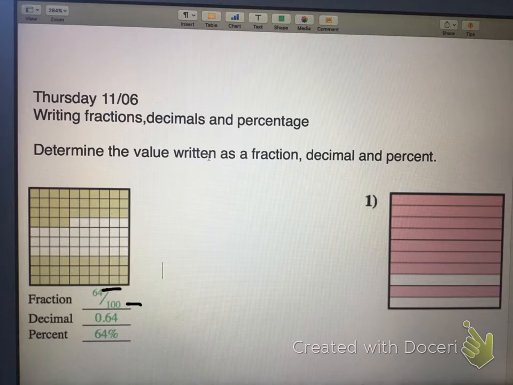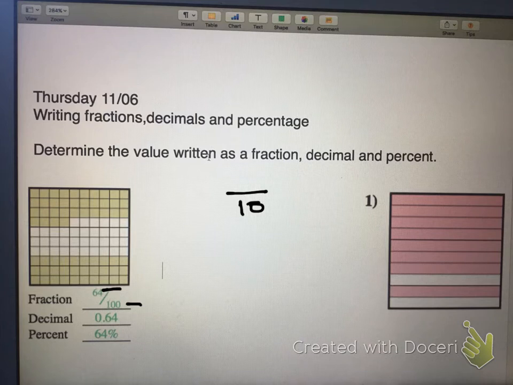Number 1 is telling us there's another square. The square has now been divided up into a certain amount of pieces. So let's see, 1, 2, 3, 4, 5, 6, 7, 8, 9, 10. That has been divided into 10 pieces. I'm going to do my fraction first, and my fraction would be something out of 10. How many pieces are shaded out of the 10 pieces?